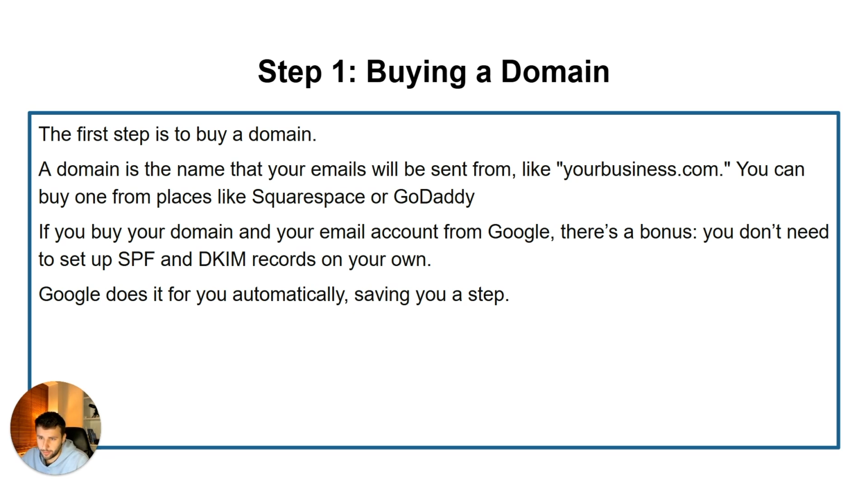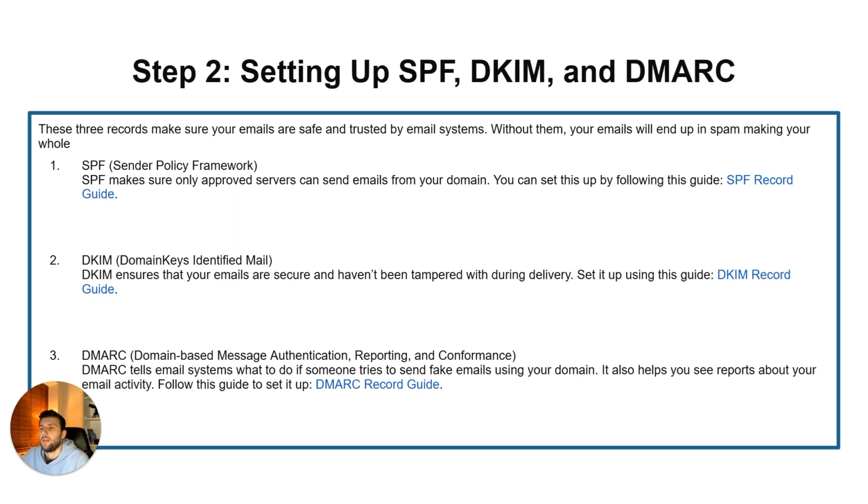Now, if you buy your domain and your email account from Google, which unfortunately in this day and age is not possible because Google Domains migrated towards Squarespace, you won't need to set up SPF and DKIM records on your own. So in this case, you will need to set them up, okay?